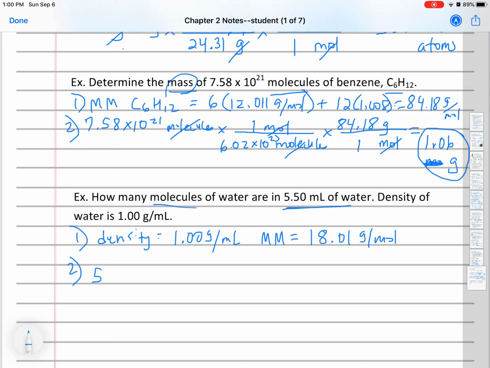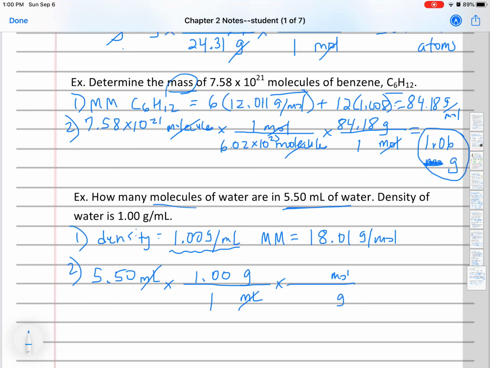We start with what we're given in the problem, 5.50 milliliters of water. If we want to cancel out those milliliters, the only thing we can turn them into, because the only conversion factor we have with milliliters is density. So we can use density to go from milliliters to grams. So our milliliters cancel.